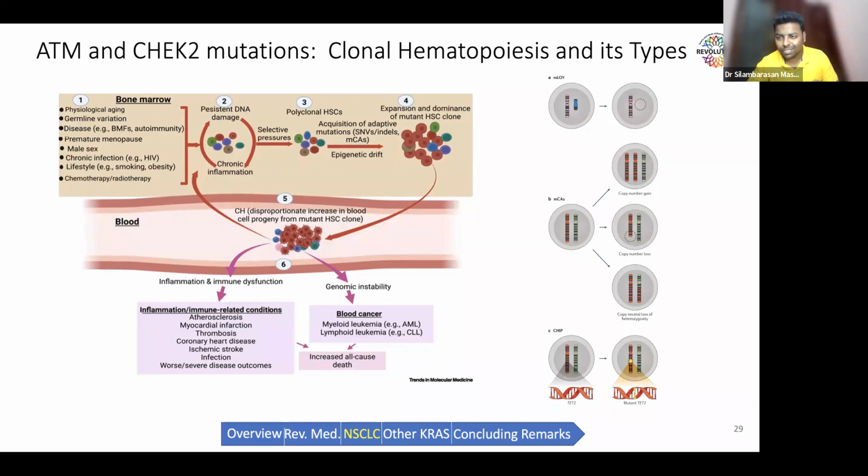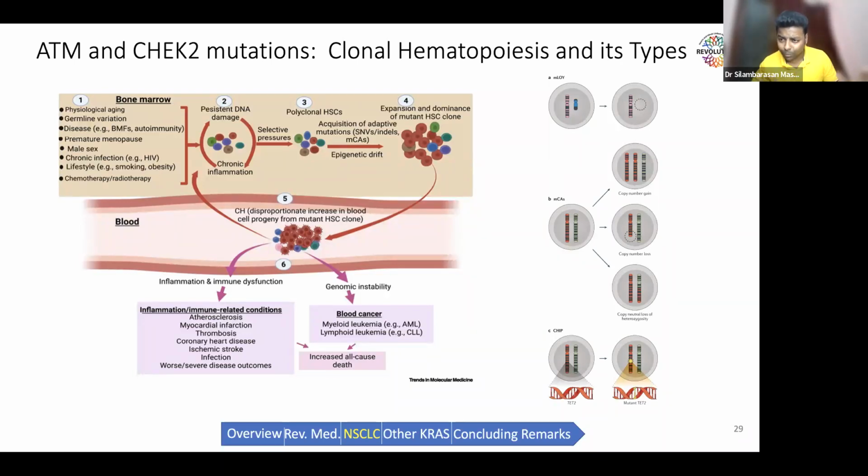That is what is called clonal hematopoiesis. Clonal hematopoiesis is a normal process which occurs during aging in the bone marrow stem cells. Physiological aging, germline mutations, autoimmune disorders, and many other normal processes can induce this kind of mutation in DNA repair pathway genes like ATM and CHEK2, and also TET and DNMT.